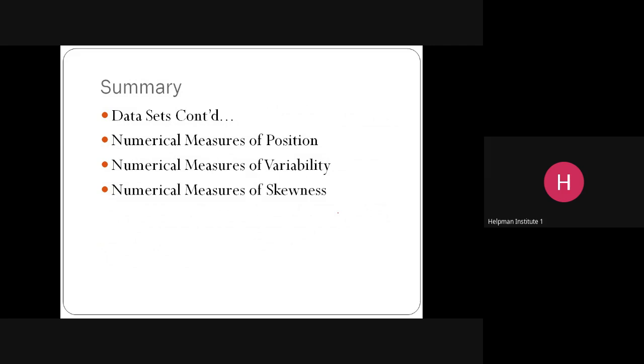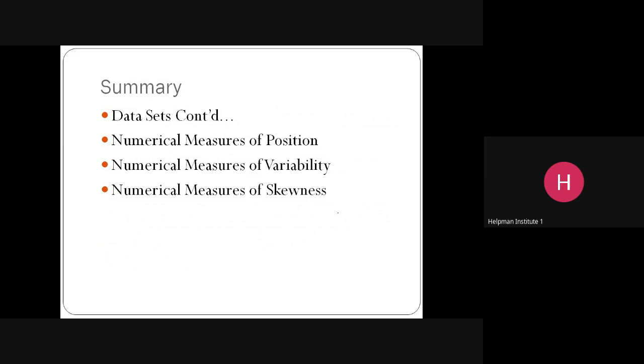In statistics we have three numerical measures of position, or measures of central tendency. This helps us to see how concentrated the data is in the middle. And the mean, the median, and the mode are the statistical parameters that help us to measure this position or central tendency.